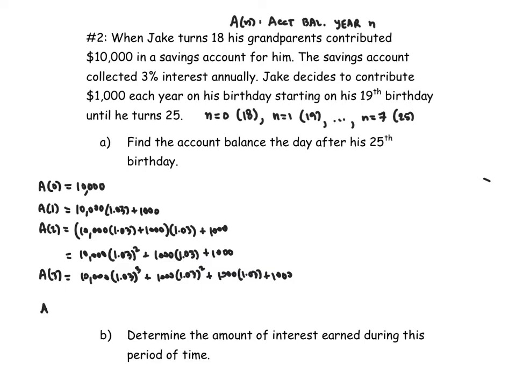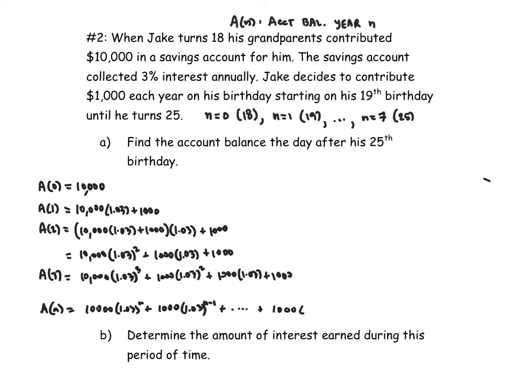So A of n, or the nth year, would be 10,000 compounded n times, plus his first 1,000 compounded n minus 1 times, plus all the way down to the $1,000 he put in the nth year.